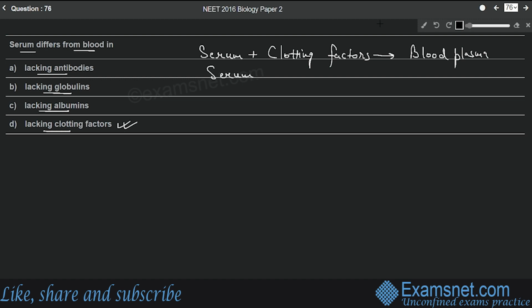So serum will be equal to blood plasma minus clotting factors. That means if we remove the clotting factors from the blood plasma, we'll get the serum. So this is the difference, that the serum lacks clotting factors. So option D is the correct answer.